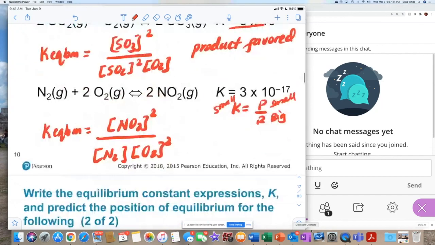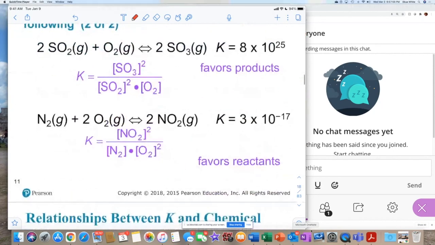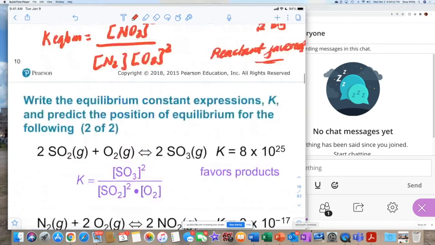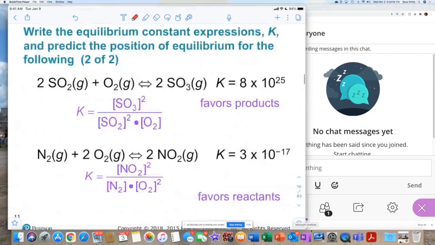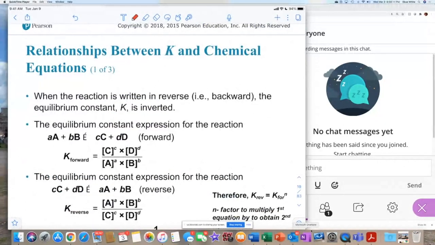So this is reactant favored. Ta-da! They wrote it differently, but same conclusion. Y'all see how it works out, right? Okay, hopefully I got this right. Yep. Oh, I got that one too. Okay, gotta check the work.